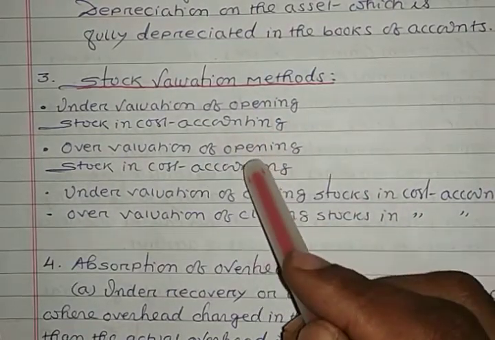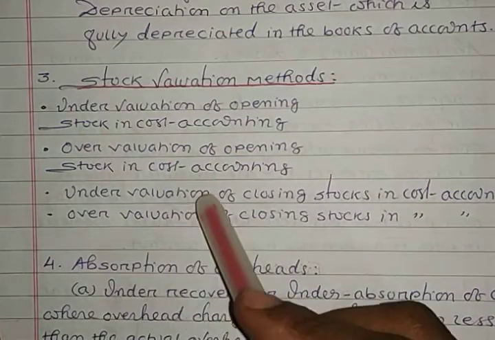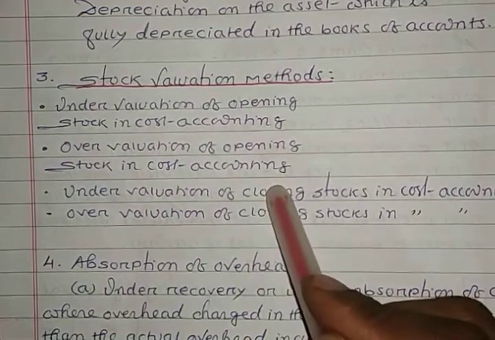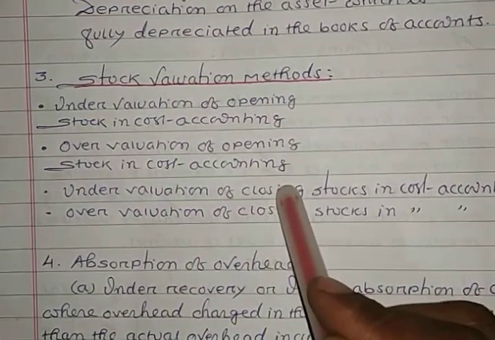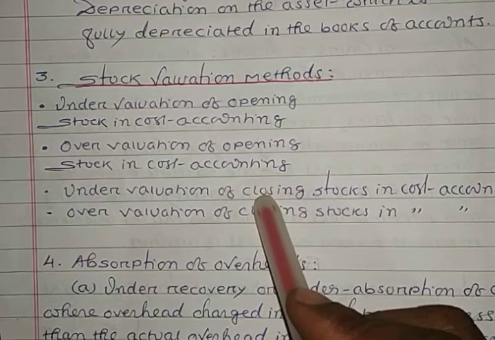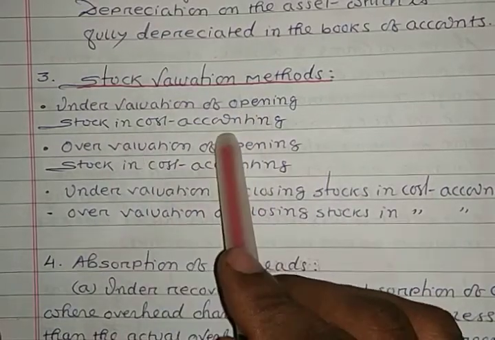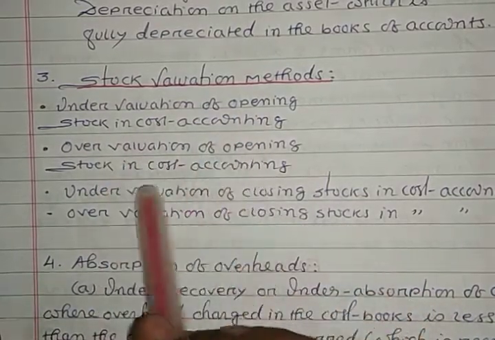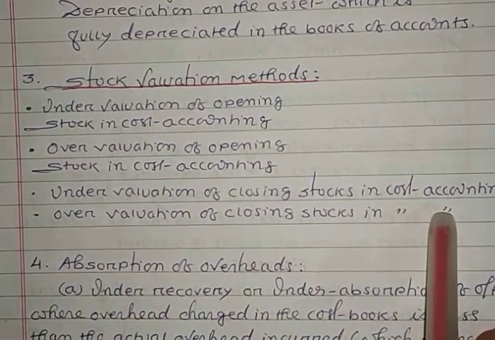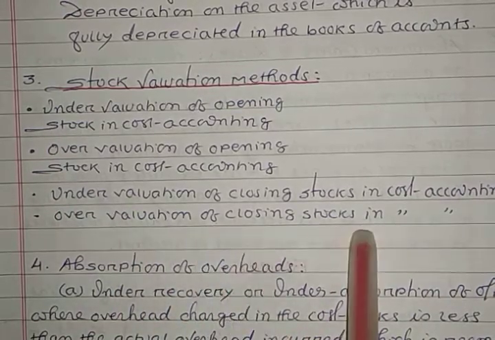So different bases adopted for the valuation of raw material, work in progress, and finished goods may differ and cause disagreement in the results. Examples are undervaluation of opening stock in cost accounting, overvaluation of opening stock in cost accounting, undervaluation of closing stock in cost accounting, and overvaluation of closing stock in cost accounting.